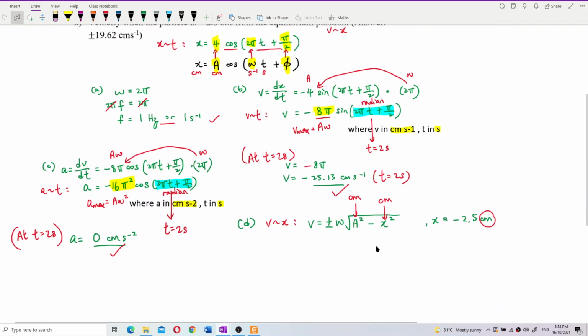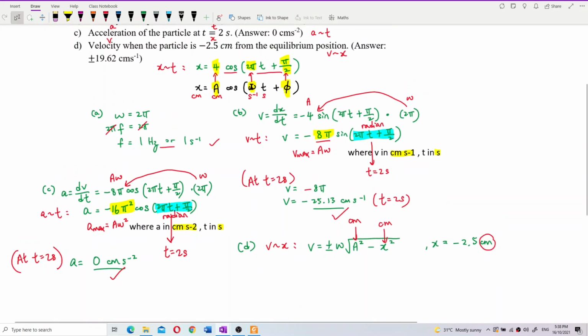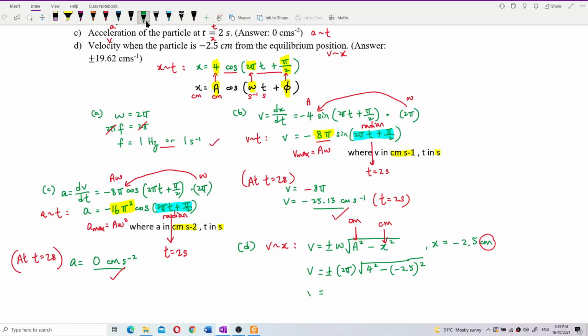So substitute, omega is 2 pi. Plus minus omega is 2 pi. And my amplitude is 4 centimeter. What is my x? Negative 2.5 centimeter also. So what is the velocity? Let's calculate.